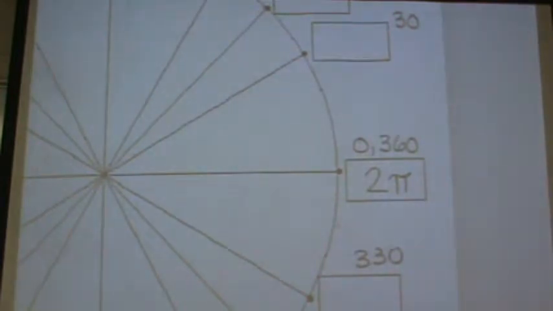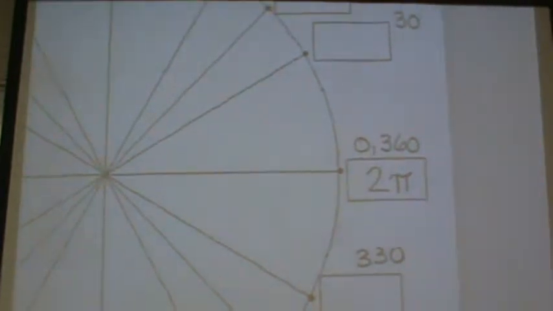Now, I'm gonna tell you what a circle is: 360 degrees, or it's 2 pi radians. That's another unit, 2 pi radians. So I'm gonna teach you how to divide this circle up in radians. I know it's kind of confusing, but it's 2 pi once around.